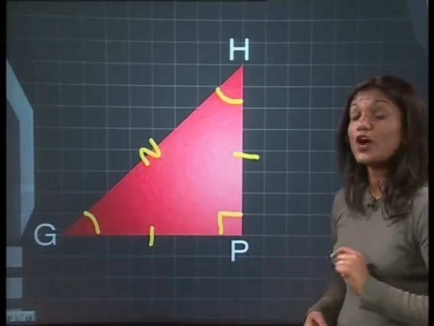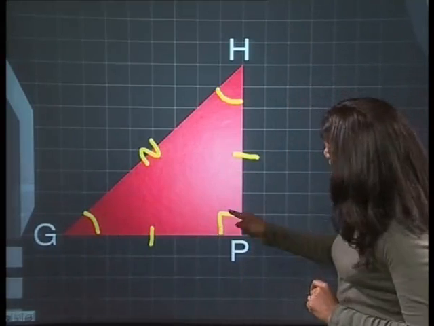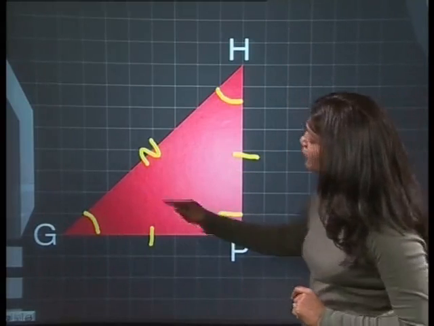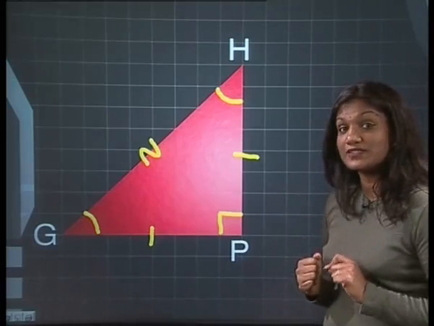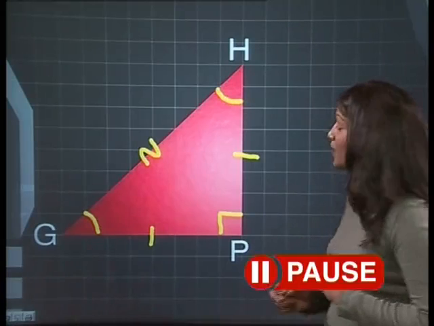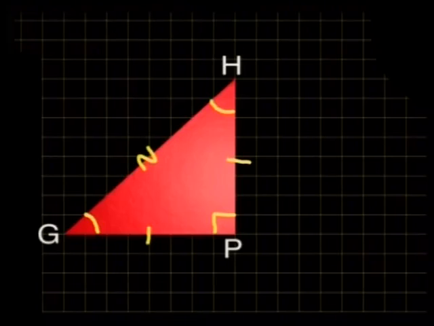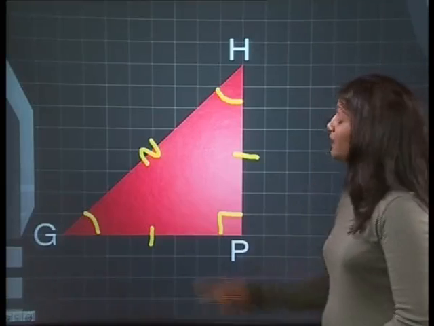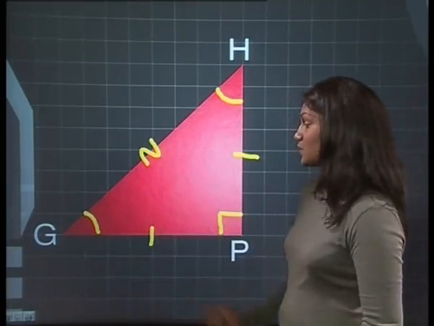Do you know how big these two angles are? Have a look. If angle P is 90 degrees and it's added to angle G plus angle H to give us a sum of 180 degrees, yes, the angles of a triangle do add up to 180 degrees, can we find the sizes of angle G and H? These two angles are equal because they lie opposite equal sides.